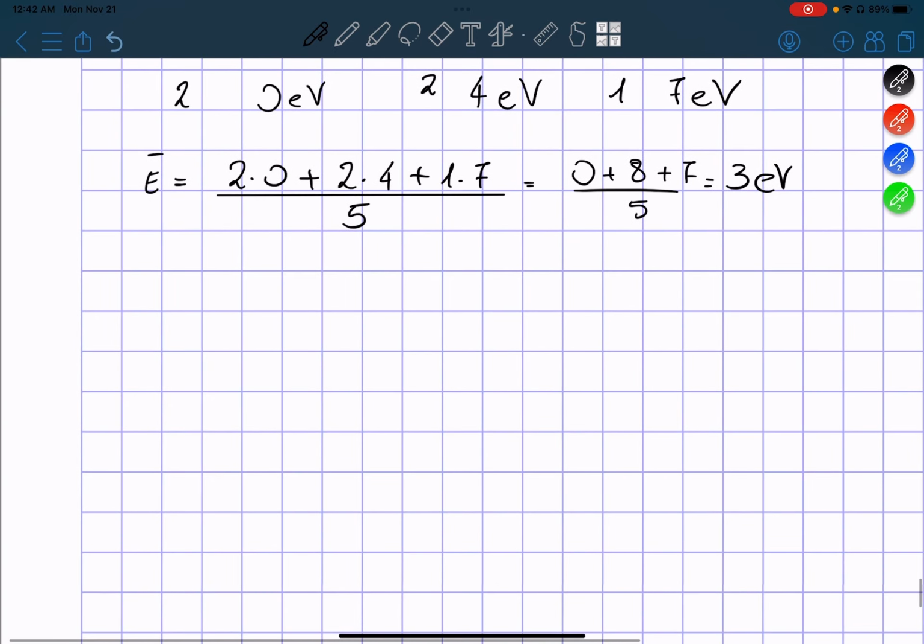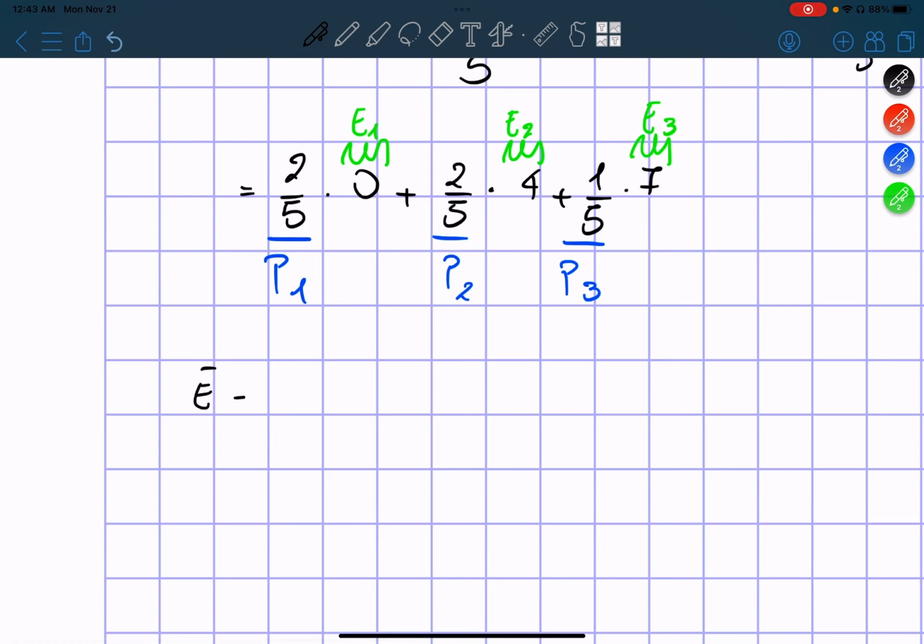This is P1, this is P2, and this is P3. And these instead are the energy values, E1, E2, E3. So can we say that the average energy is simply going to be equal to the sum?